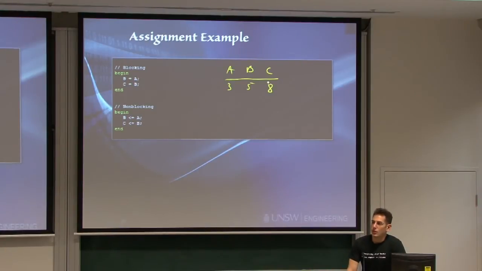In the case of the blocking assignment, we'll start with B equals A, therefore B will now be equal to what A is equal to. Then C will be equal to B. So B is now 3, C will also be 3, and all of them end up being 3. So one is executed after the other, similar to how you would expect a C program to do it.